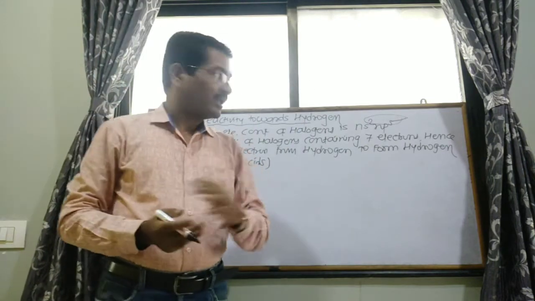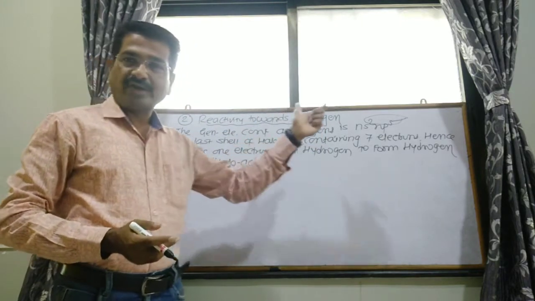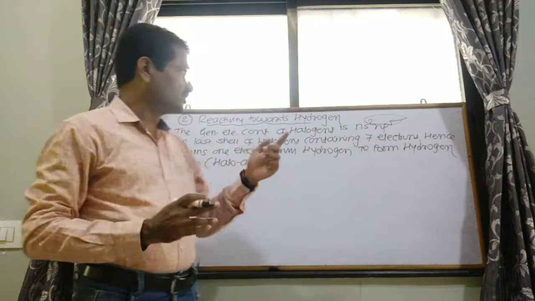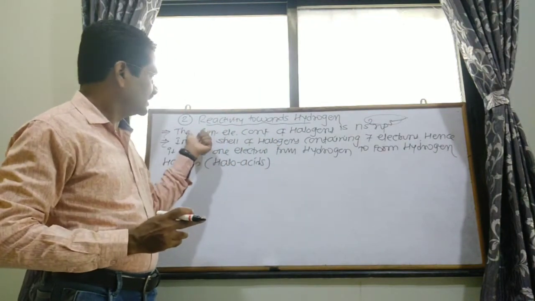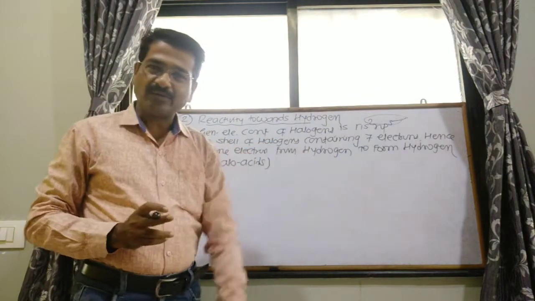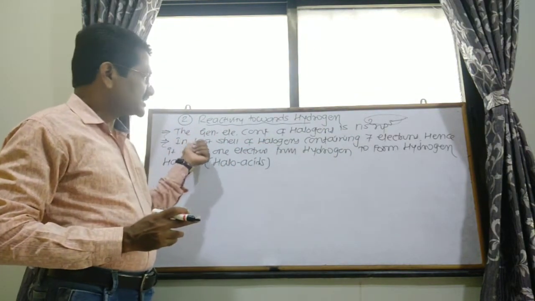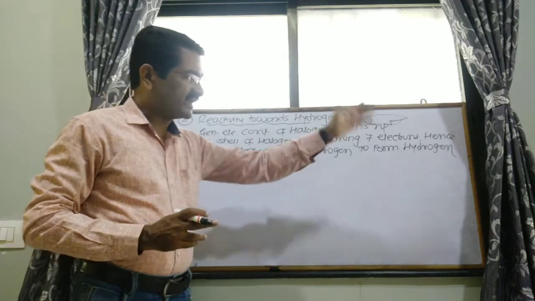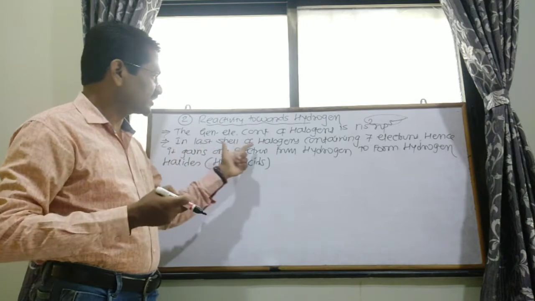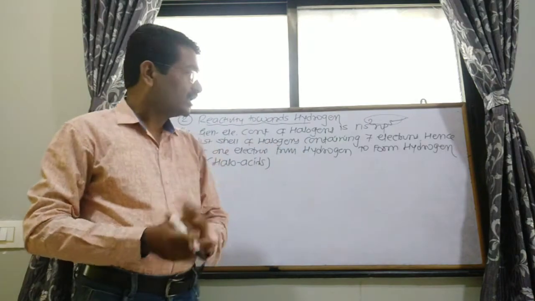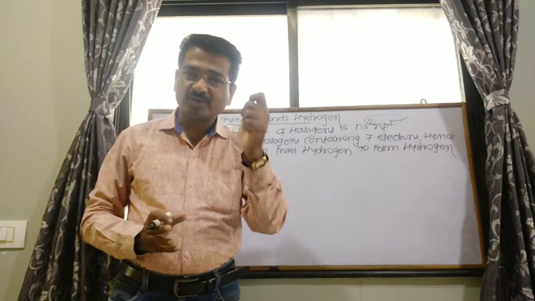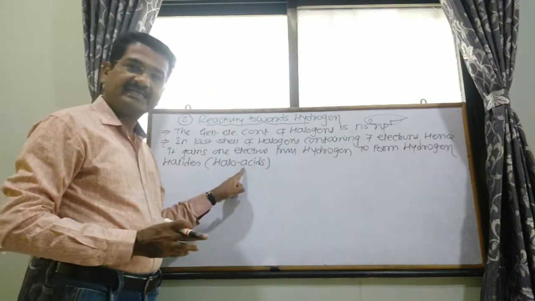See again, reactivity of halogens with hydrogen. For that purpose, the first point is the general electronic configuration of halogens, ns2 np5. In the last shell of halogens containing 7 electrons, hence it gains 1 electron from hydrogen to form hydrogen halides. Hydrogen halides are called haloacids.